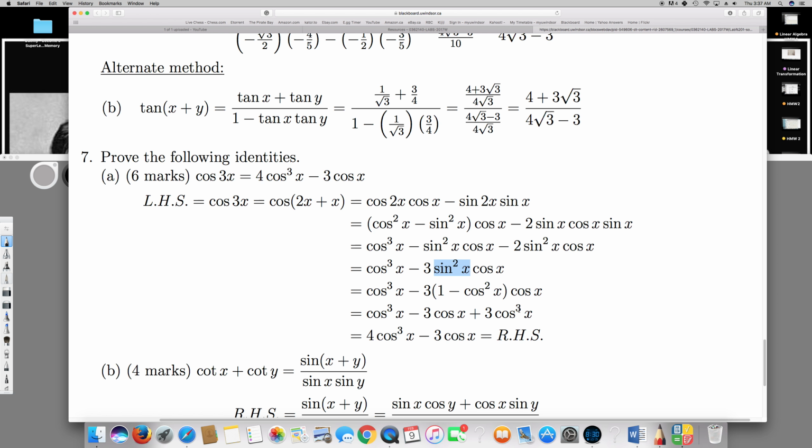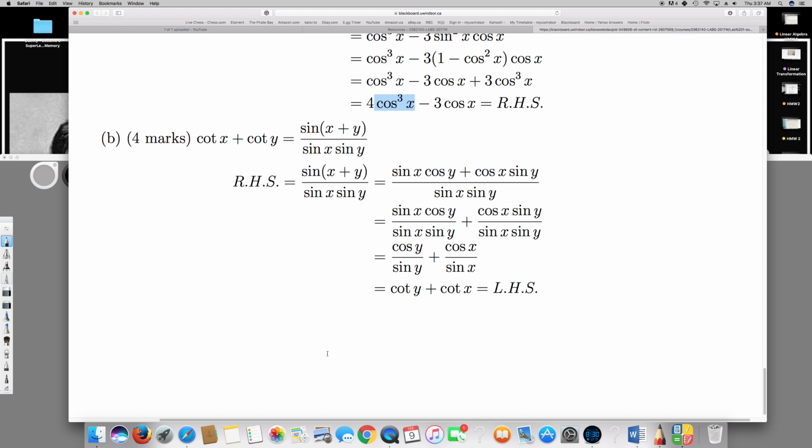And finally it results as cos cube x plus 3 cos cube x, which becomes 4 cos cube x minus 3 cos x, and it's equal to the left hand side. So this is our answer for this question.